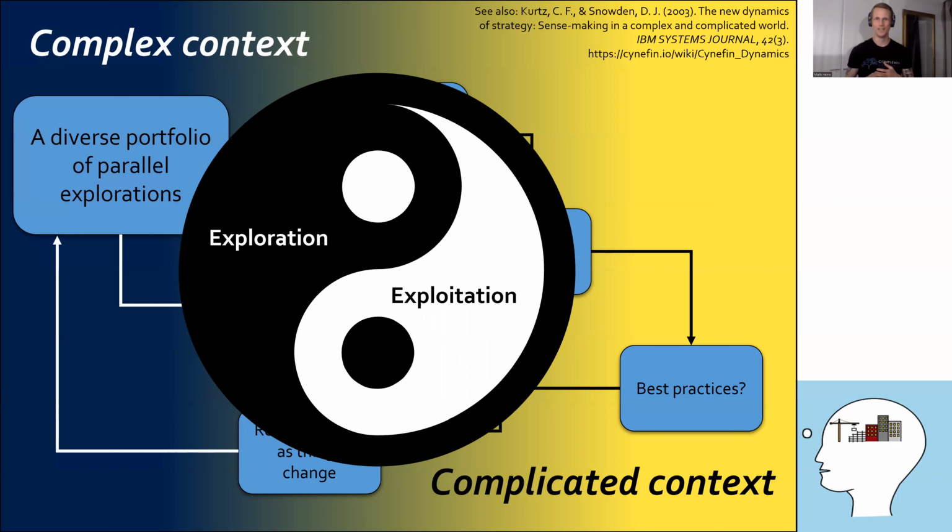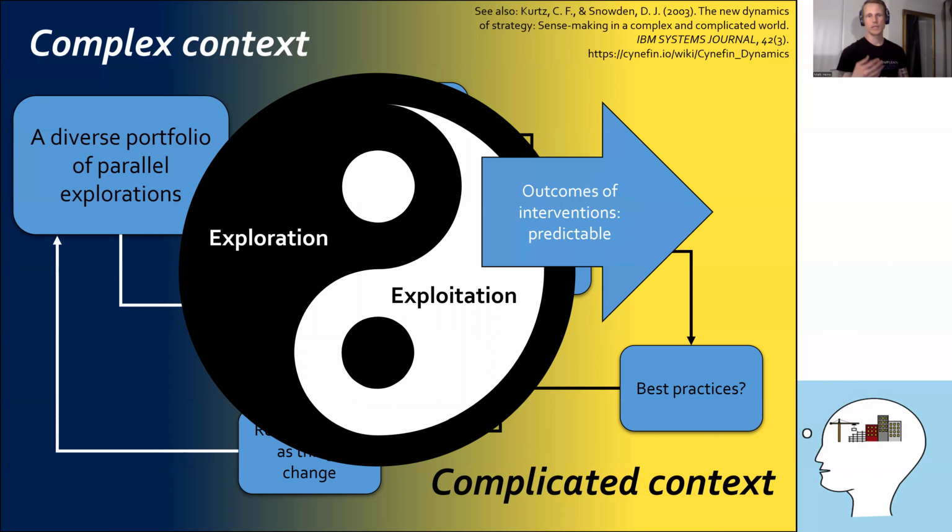So you have this frame of mind of exploration, trying to figure out what works when you're in the complex context. And when you're in the complicated context, then you focus on exploitation. So making use of what you already know, and being efficient in harvesting this thing that you have found useful.